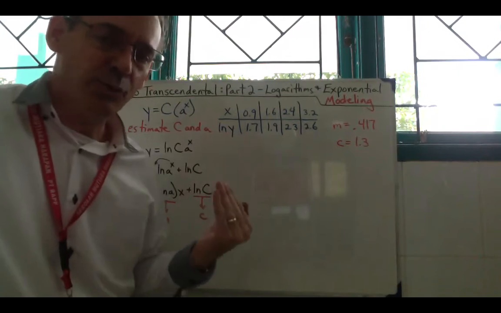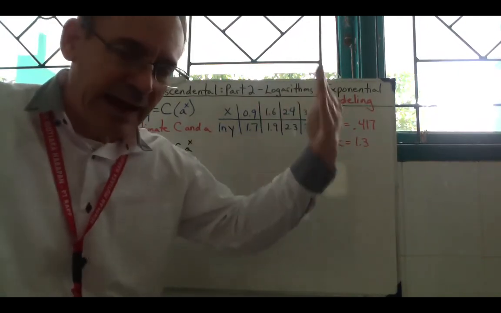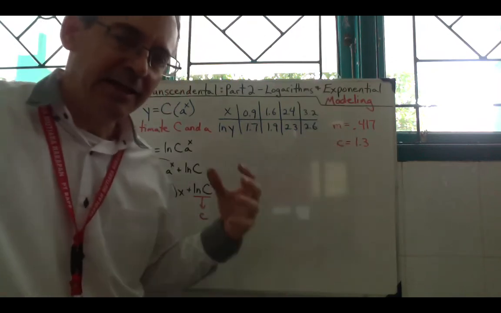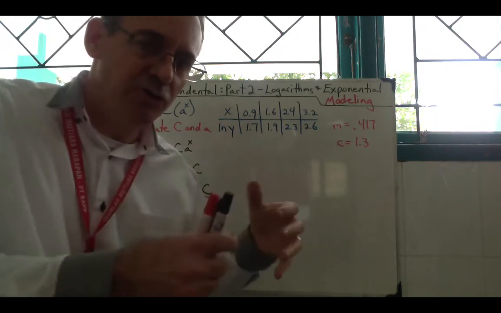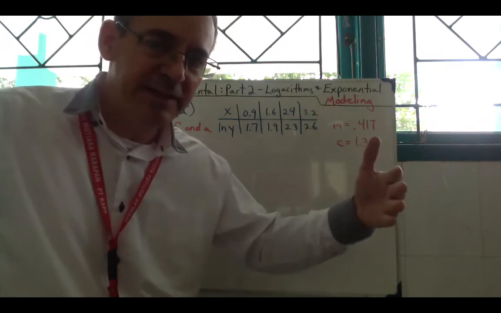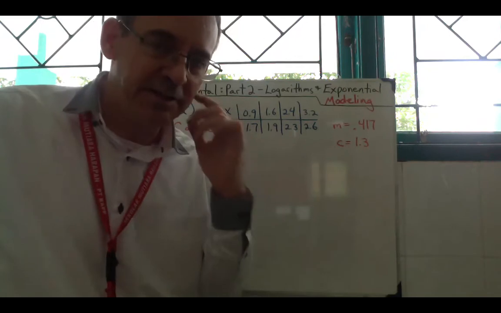I kind of wish that Cambridge would start with the actual data set from the experiment. In Cambridge questions, they tend to throw you somewhere in the middle. They don't take you to the beginning, the X, Y values of some experiment.